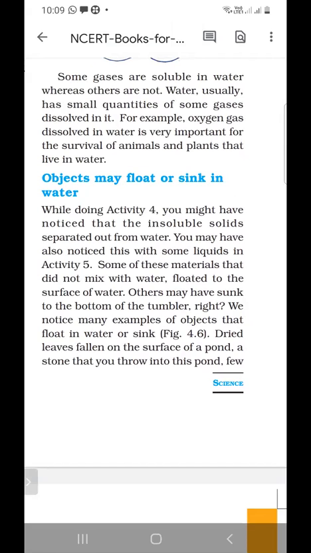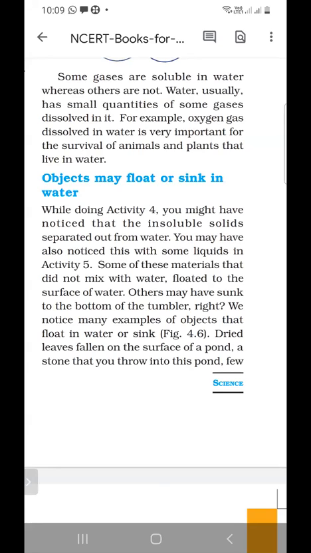And what is the fourth property? Objects may float or sink in the water. And what about the fifth property? Transparency. So these are all the properties of materials.